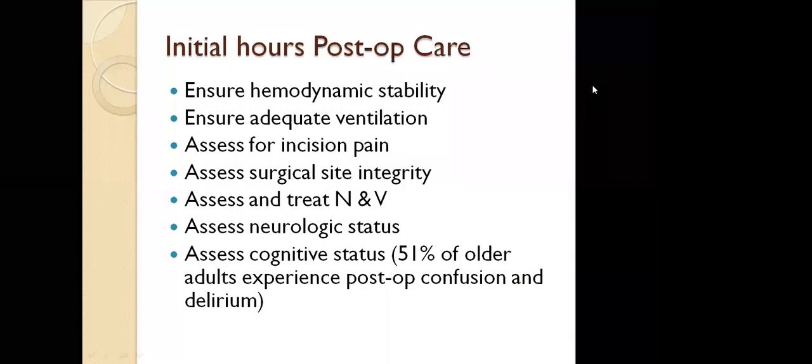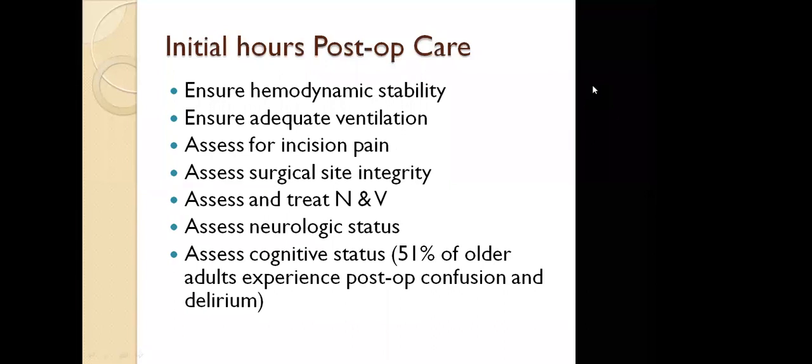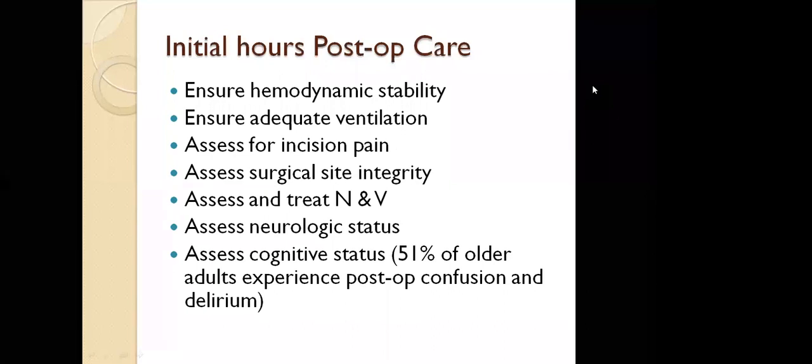When the patient is received in the ICU, the initial hours are critical, and you have to ensure hemodynamic stability. You have to ensure ventilation, assess incisional pain and surgical site integrity, treat nausea and vomiting, and check neurological and cognitive status of the patient. It is a well-known fact that more than 50% of older patients develop post-operative confusion.